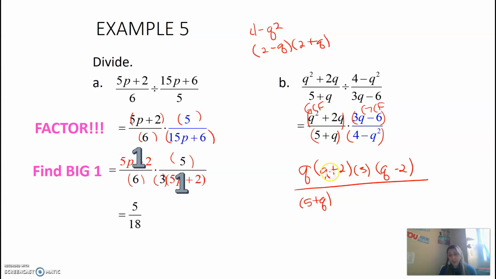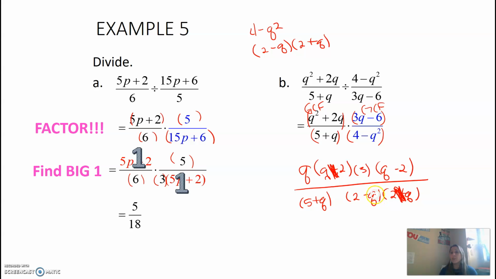And then I have it already factored right there, so I'm going to have 2 minus q and 2 plus q. Okay, so we have this q, no other q's by themselves, but we have a q plus 2, and this positive 2, positive q. This and this are exactly the same.